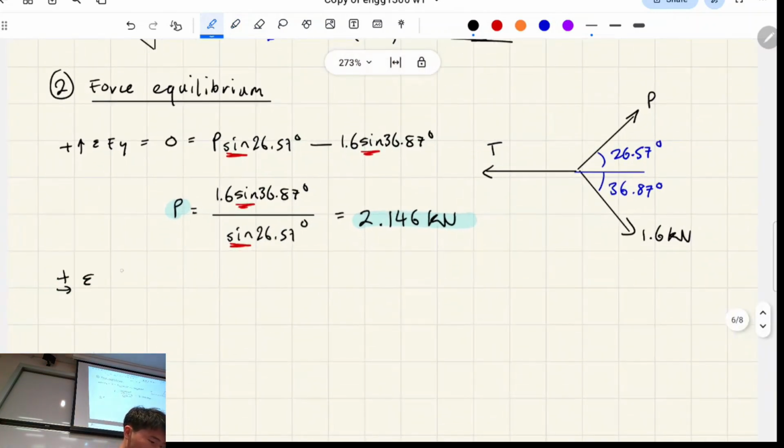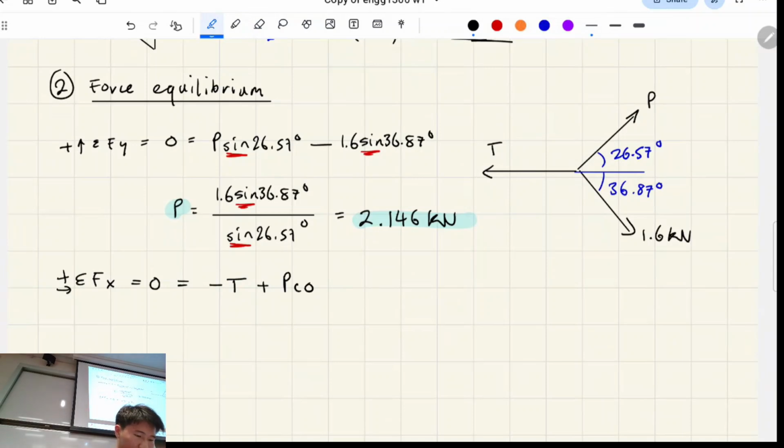Okay, next, now we know P essentially. We're going to do the sum of the horizontal forces in static equilibrium. And we can see that we have negative T, because it's going to the left, plus P cosine 26.57, plus 1.6 cosine 36.87.